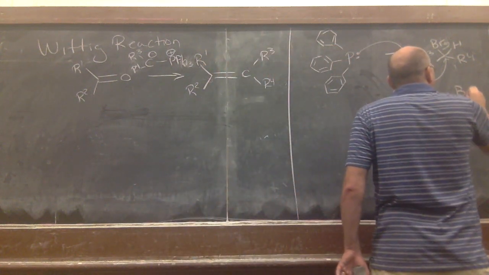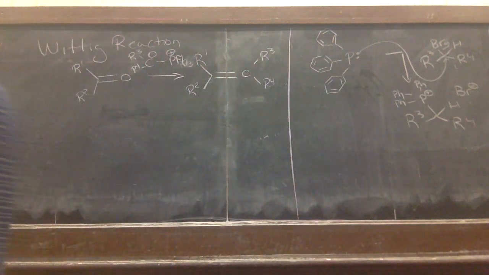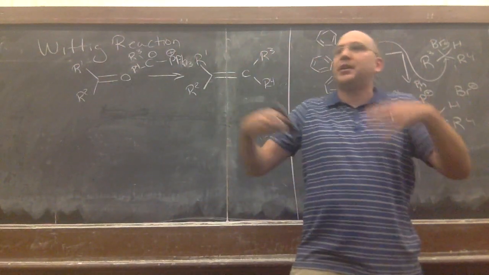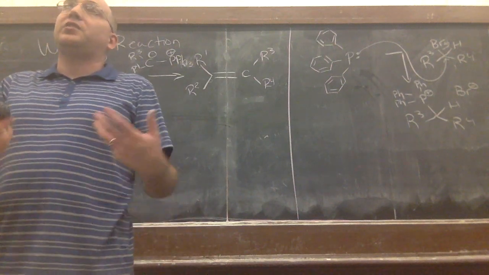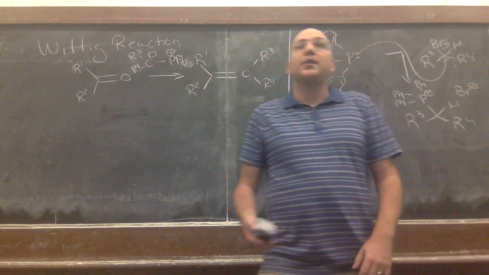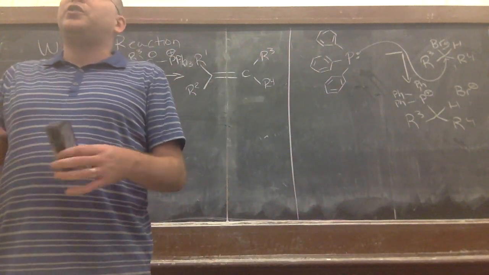So oftentimes you can actually purchase what are called Wittig salts. And the Wittig salt is something like this. It doesn't always necessarily need to be a bromide. Sometimes it's an iodide, sometimes it's a chloride. But usually you'll purchase a Wittig salt with a structure like this. And then you take that molecule and treat it with some base.